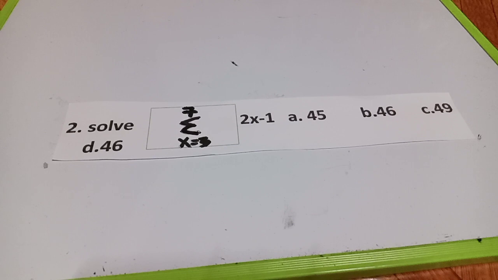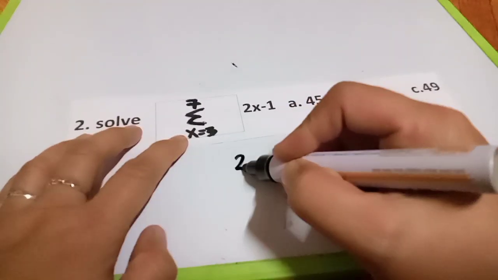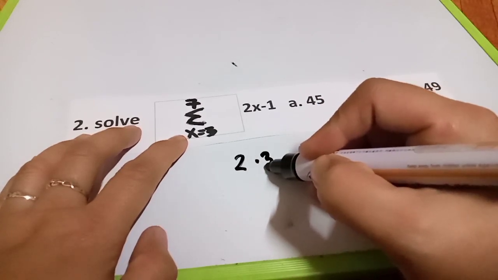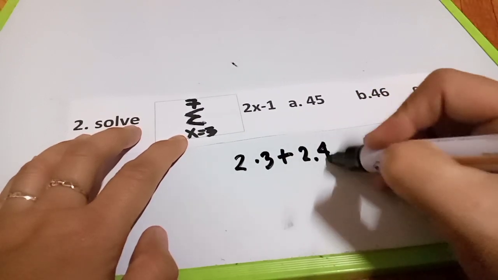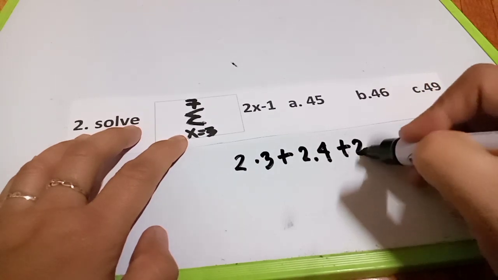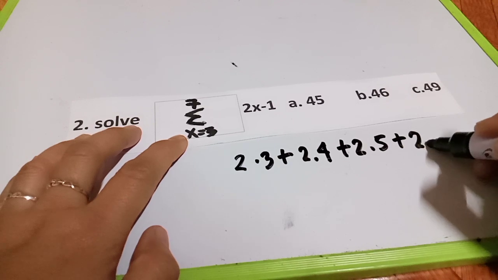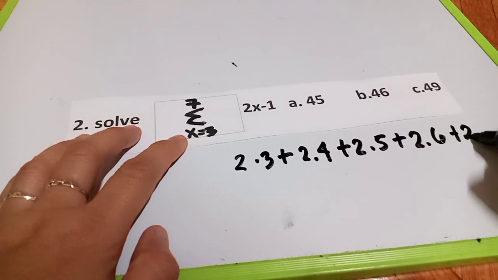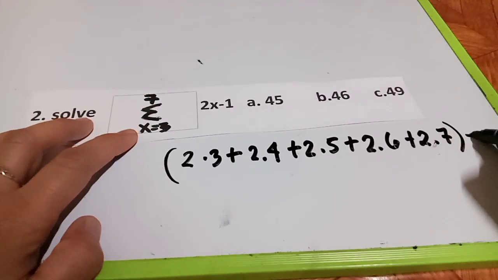So if x starts at 3, we have 2 times 3 plus 2 times 4 plus 2 times 5 plus 2 times 6 plus 2 times 7, and we need a close parenthesis here, and then minus 1.